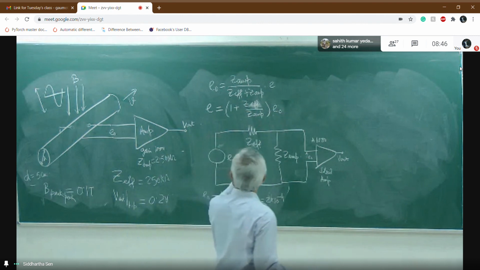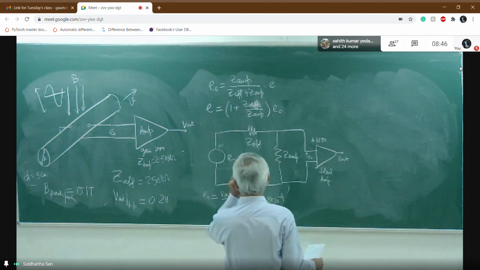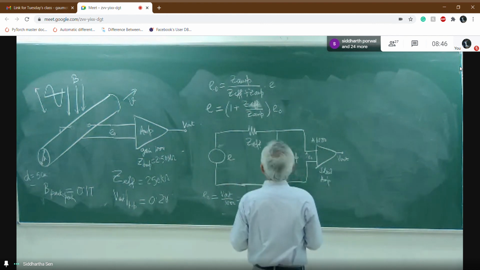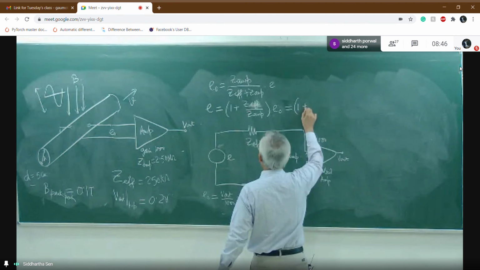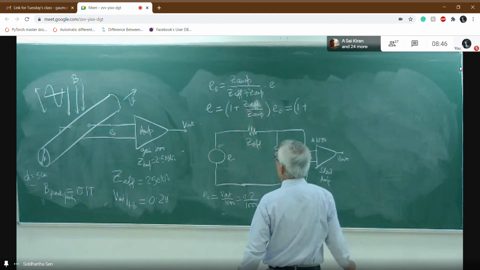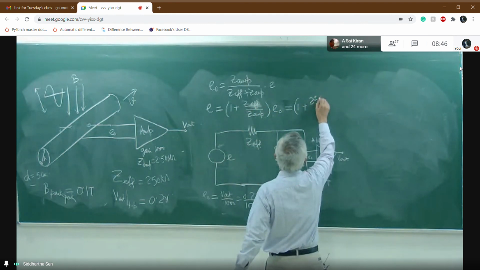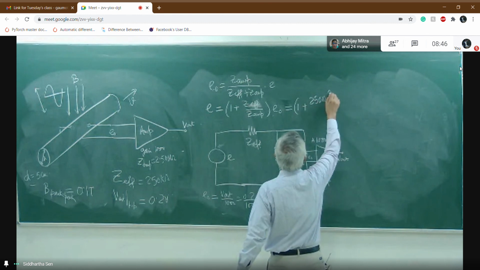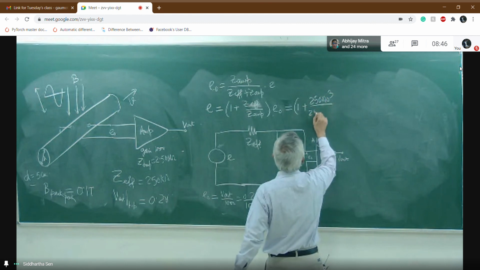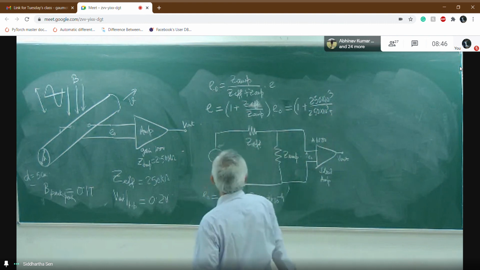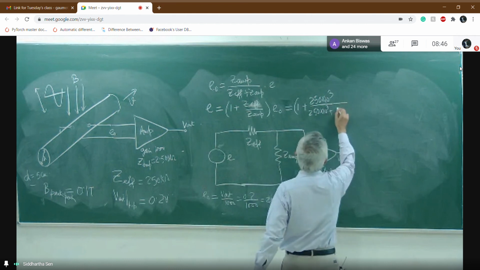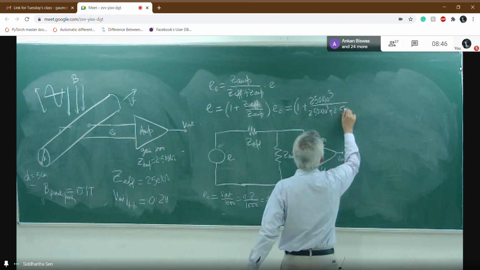E0 is 2 into 10 to the power minus 4. So here it is 1 plus, what is Z effluent? 250 kilo ohm, divided by 250 into 10 to the power 3 plus 2.5 into 10 to the power 6.